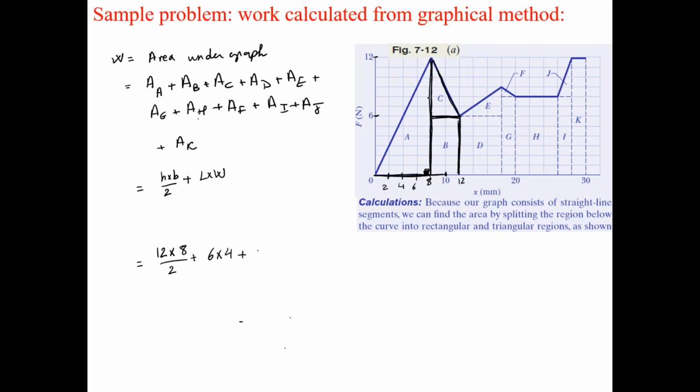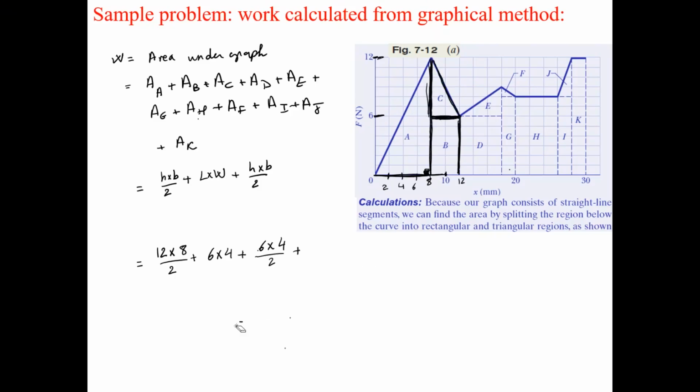This is also the height times the base over 2. The height is 12 minus 6, which is 6. This is our height. This is 6. The base is this, which is 4. We just found the area of section C.